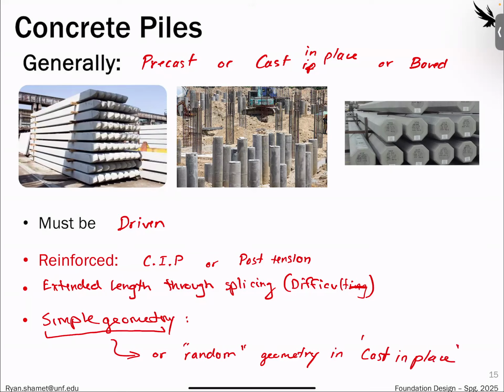If you're casting in place, if you are drilling a hole and then filling that hole up with concrete, then you get the benefit of having a non-consistent geometry. You're essentially filling the hole, meaning your hole might be jagged, might have different lengths, or different diameters. So you get that benefit by filling the entire space. That can add to the friction resistance of your pile. So that's one of the benefits of it.